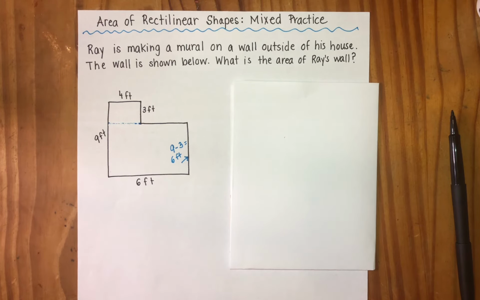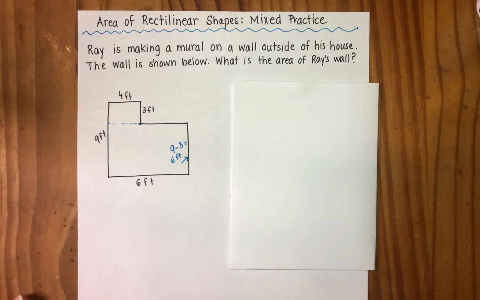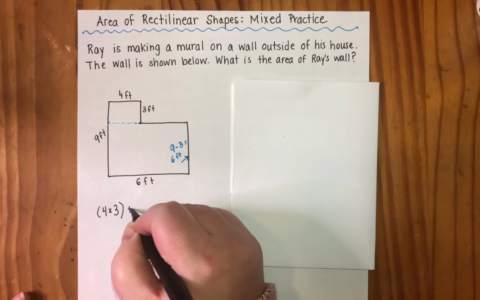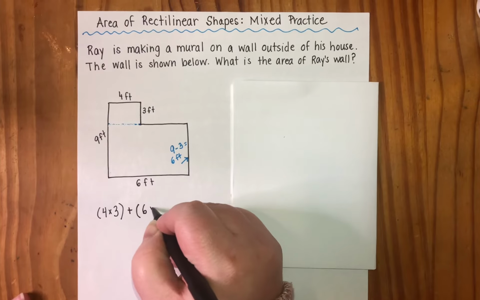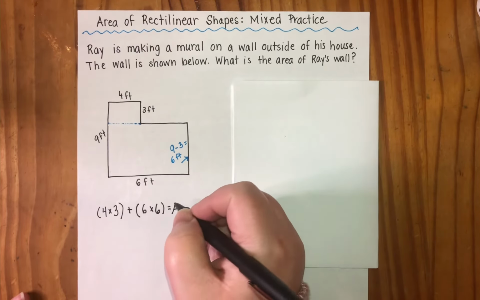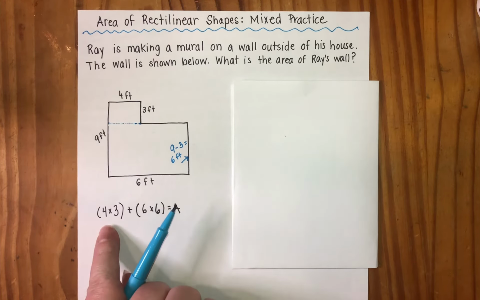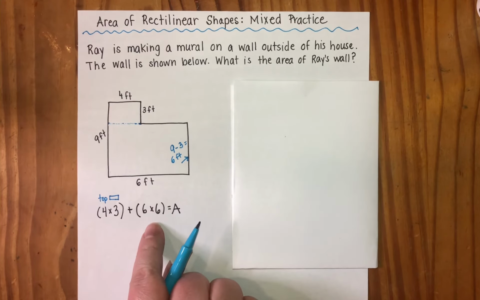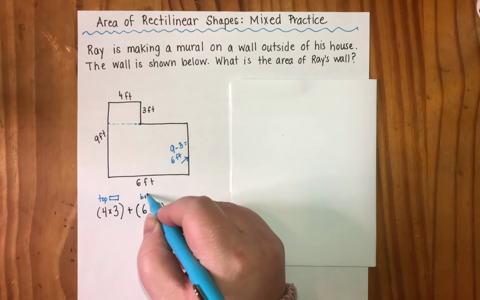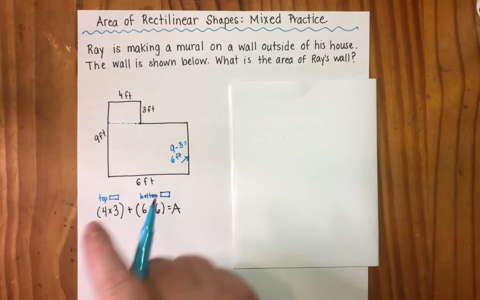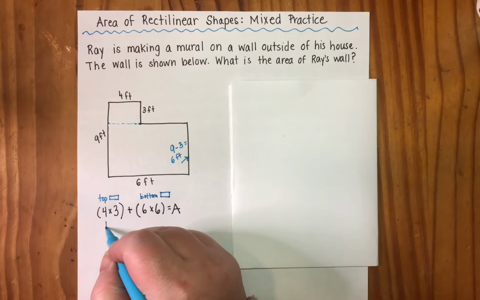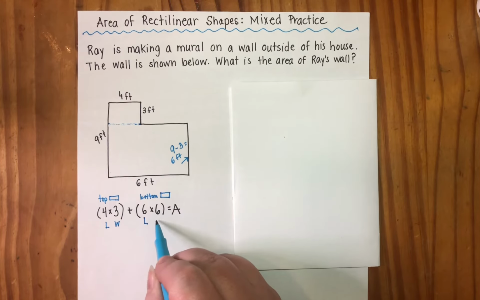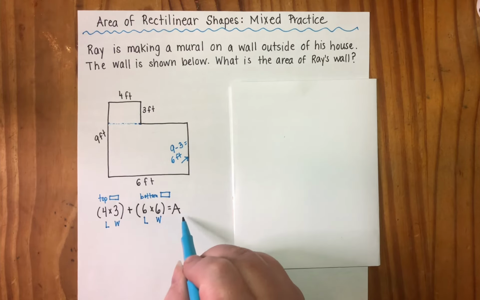I heard some scholars say that they would write 4 times 3 plus 6 times 6 equals A, and label these as 4 times 3 is the top rectangle, 6 times 6 is the bottom rectangle, 4 is the length, and 3 is the width of the top rectangle, and 6 is the length, and 6 is the width of the bottom rectangle, and A is for area.